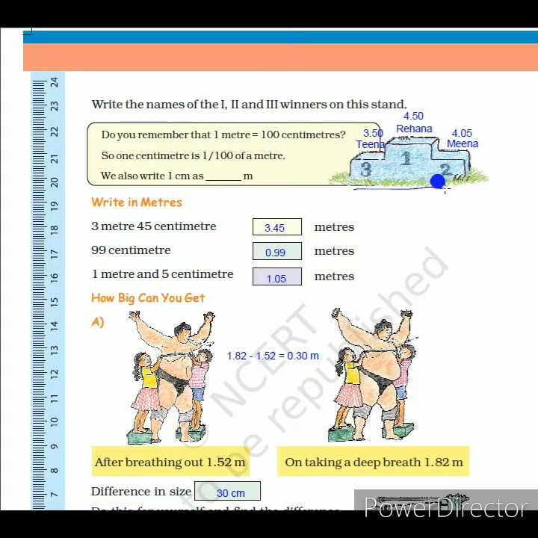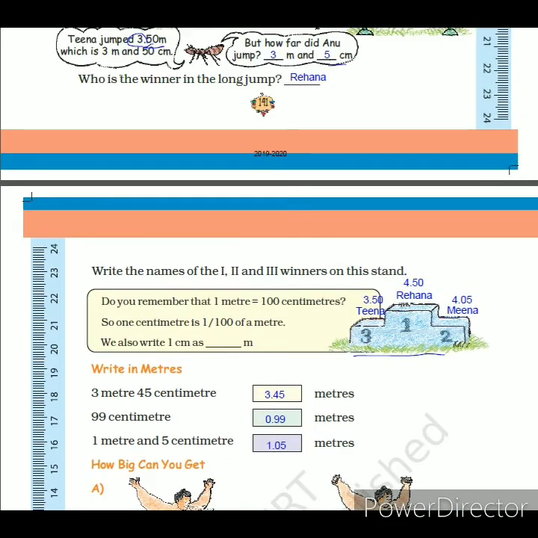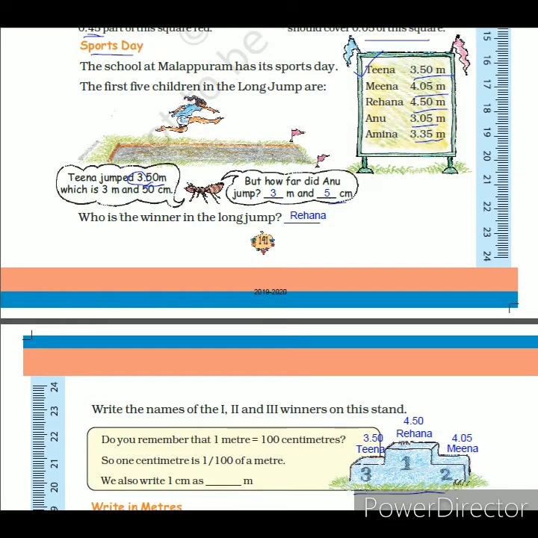So again we have to observe the scoreboard. First we know that Rihanna is the first scorer of this long jump, that is 4.50, and the next one we know that it is Meena, 4.05. So we have to write first prize Rihanna on that stand.